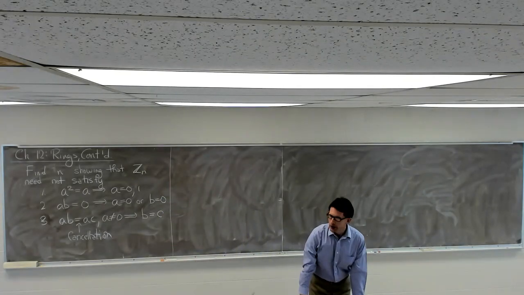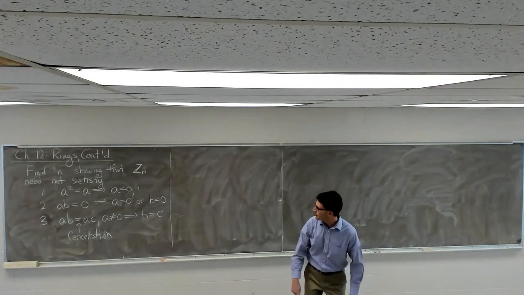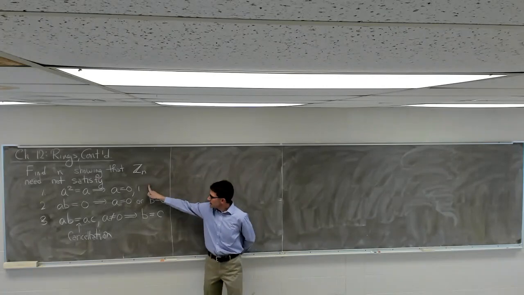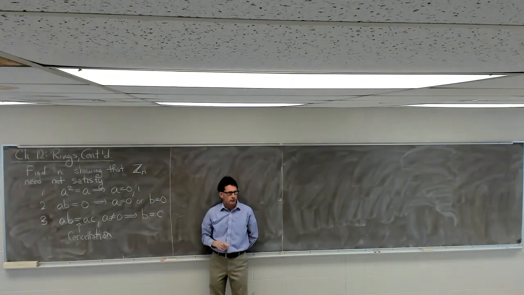All right, so let's see what we have here. What about for the first one, number 1? Anyone have an example there? A is 3 and N is 6.